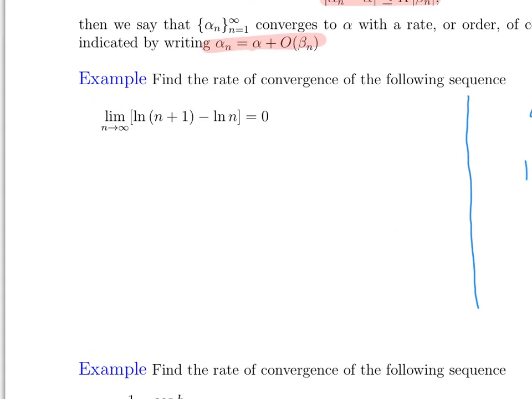All right, so now let's try this example. And again, most of these examples come from calculus. Of course, in calculus, they didn't ask you to find the rate of convergence. They just asked you to check that they converge, but it's the same idea.